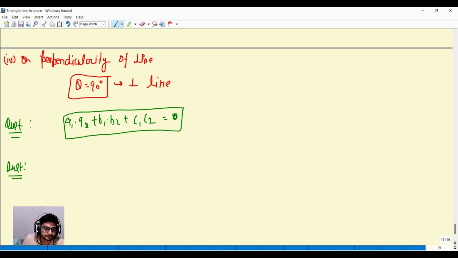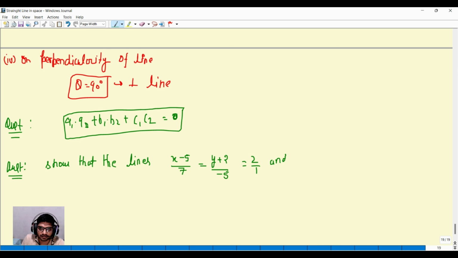The question is: show that the lines x minus 5 upon 7 equals y plus 2 upon minus 5 equals z upon 1, and x upon 1 equals y upon 2 equals z upon 3 are perpendicular.